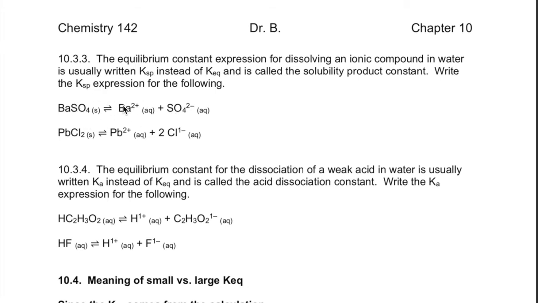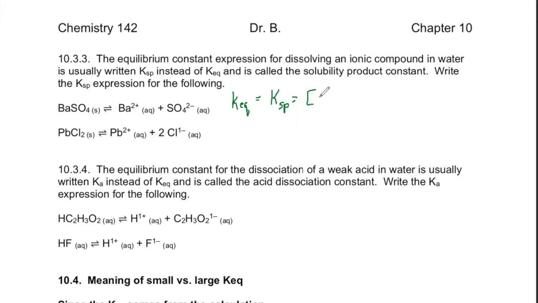So since it's dissolving and undissolving at the same rate, it's in a constant state, and we can figure out what the solubility of that compound is. So for these reactions, since they represent dissolving, instead of writing KEQ, we call this the solubility product constant.